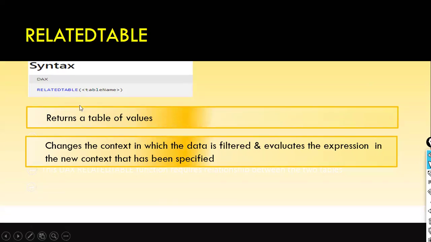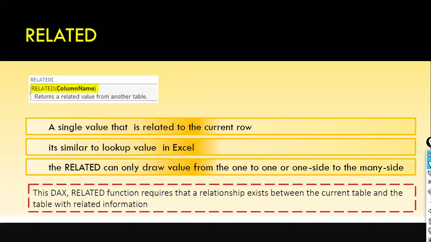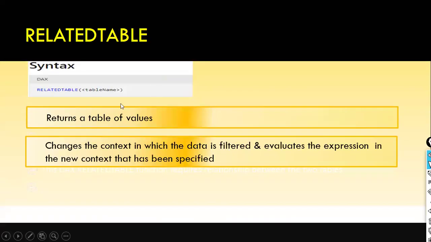RELATEDTABLE also changes the context in which the data is filtered. I'm using the COUNTROWS function, but still the product dimension table gets filtered, right? And it evaluates the expression. In that case, we did not use any expression. But what happens with the COUNTROWS function is that on top of changing the filter context for each row, it finds out the number of records for each product.